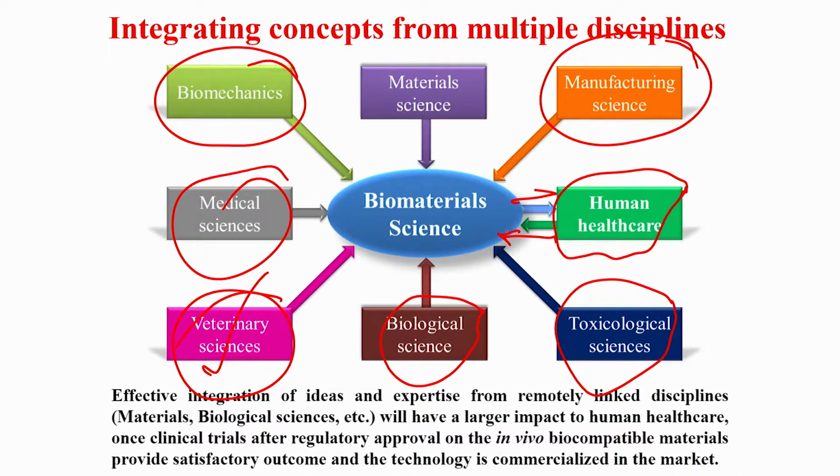Because human health care needs will drive the innovations in the field of biomaterial science, and ultimately when some new material is developed with good biocompatibility and it is tested in preclinical studies and clinical trials, it will help in advancing human health care.